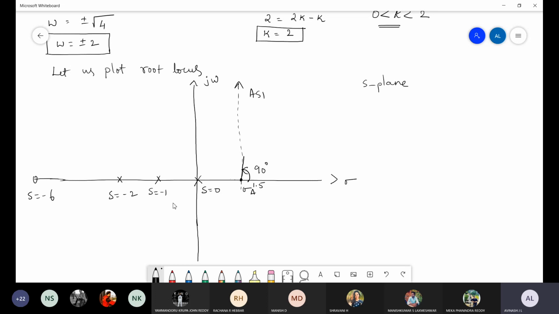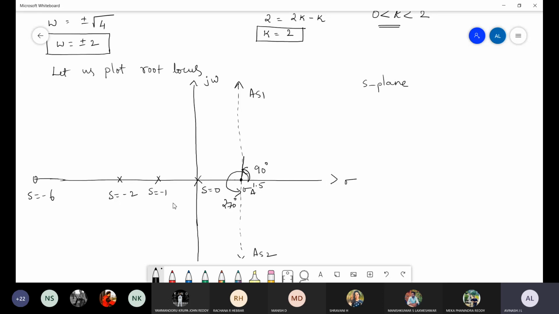The second is asymptote 2, at the angle 270 degrees. 270 degrees means exactly minus 90 degrees, the opposite. So these two are asymptotes at an angle of 90 degrees as well as 270 degrees.